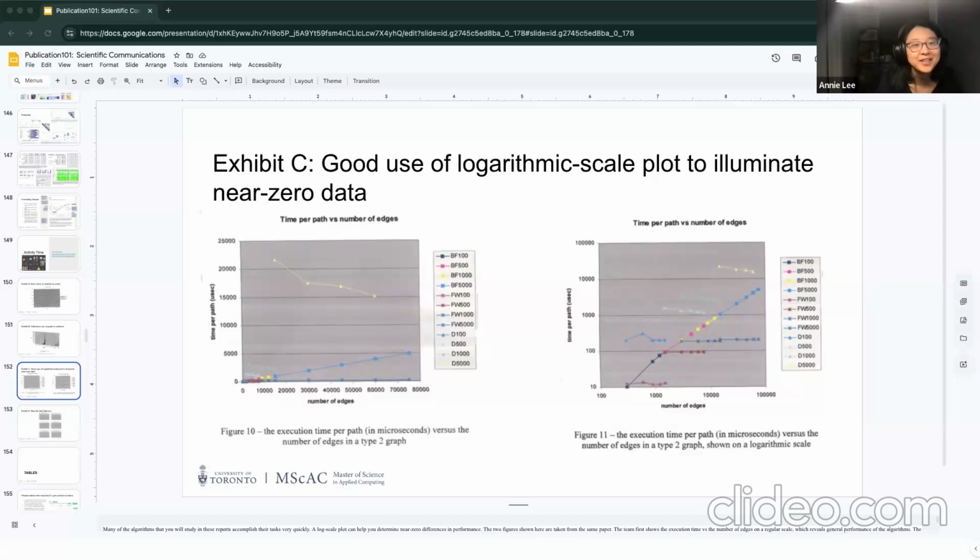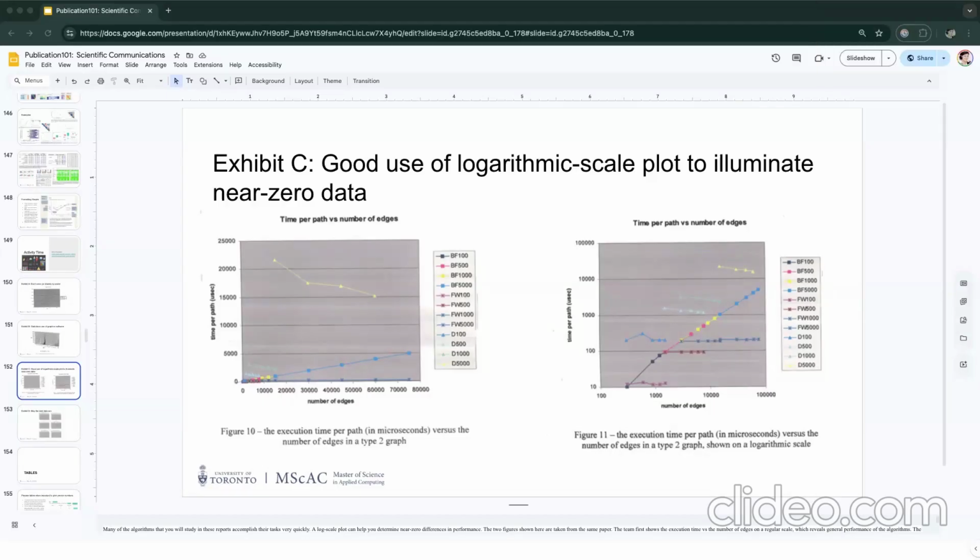Vivian, is it okay if I call you Vivian, or would you prefer I use your Chinese name? Both work. I think for this graph, they use different colors to differentiate each data, and they have a good use of the scale, like logarithm.